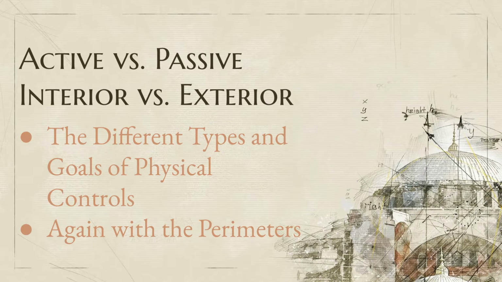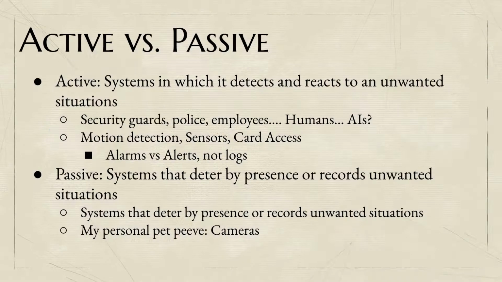All right. Whenever we try to understand something large and complex, and this could be your area of particular study or expertise, we try to break things down and classify them. In this regard, for security, we have active versus passive controls, and we have interior versus exterior goals.